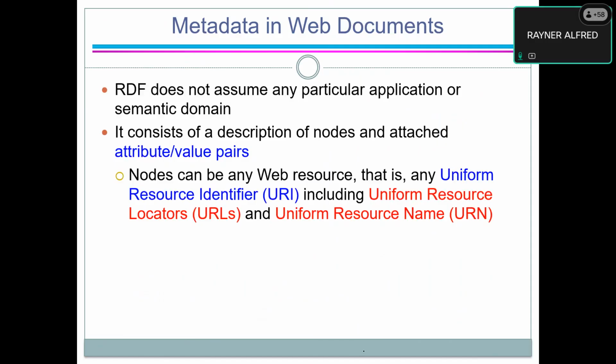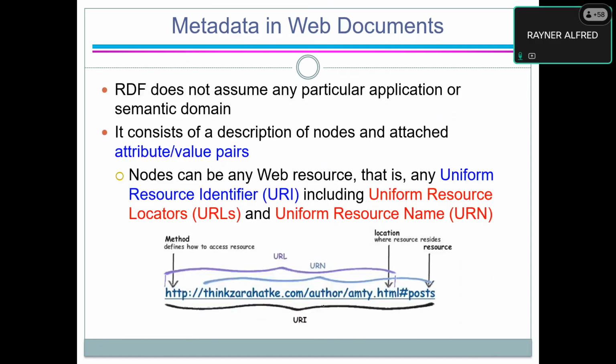So, for example, based on this URL, we can get what method is used to retrieve, and also we have the location where the resource resides. So up to here, and then this is the resource. Okay, so this one will give you the resource.